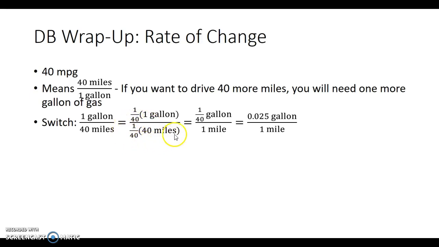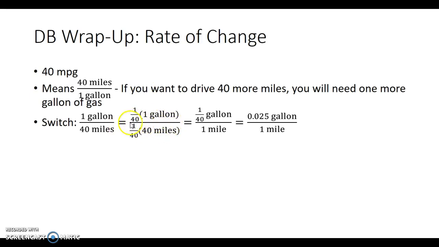Well, if I only drive 1/40th of the total distance, then I need 1/40th of the amount of gas. This process always works, even if these values are funky. If this were 1 gallon to 22.5 miles, then I would want to drive 1/22.5th of it. It seems strange to say that, but this doesn't have to be a whole number to apply this rationale.